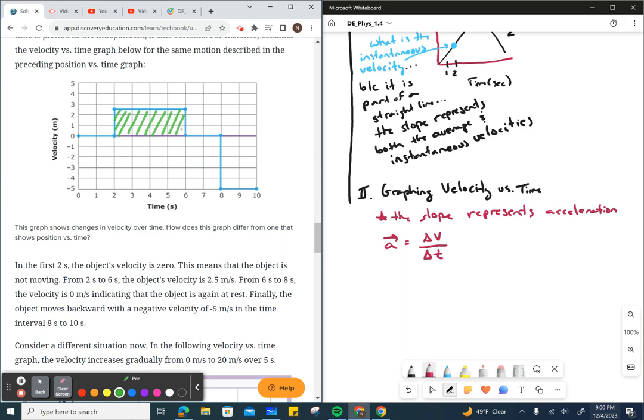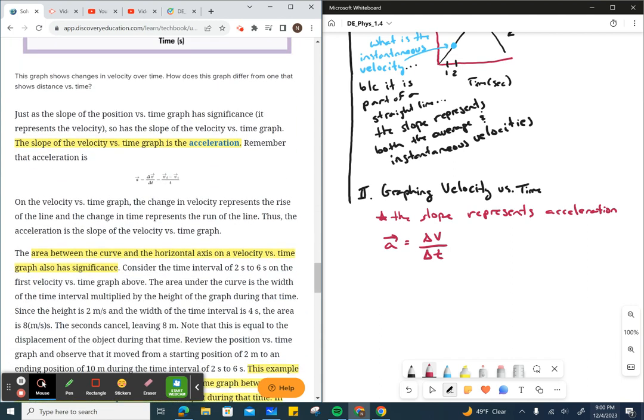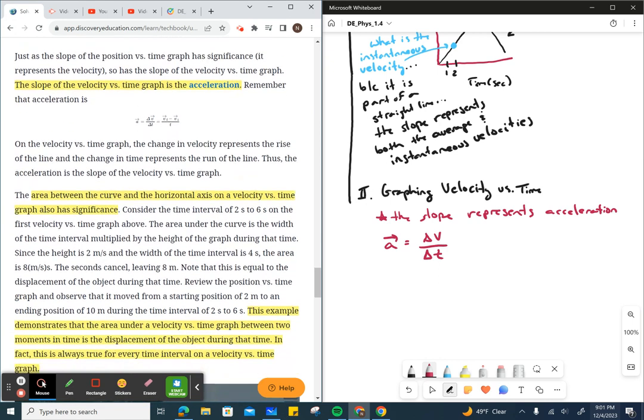These areas have significance. Okay. Let's go back and read that a little bit. The area between the curve and the horizontal axis has significance. It demonstrates that the area under the velocity versus time graph between two moments in time is the displacement of the object during that time.